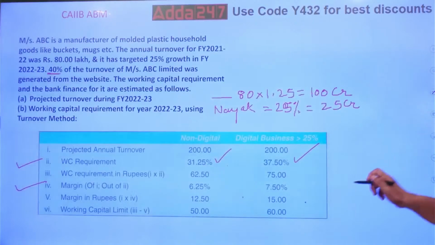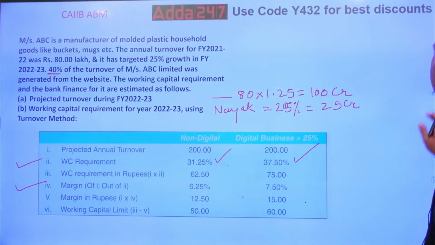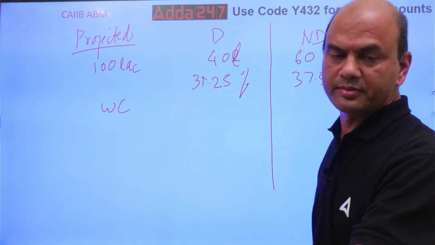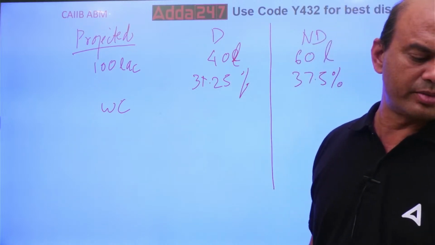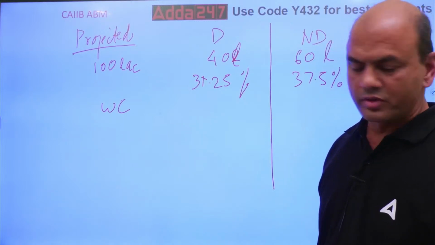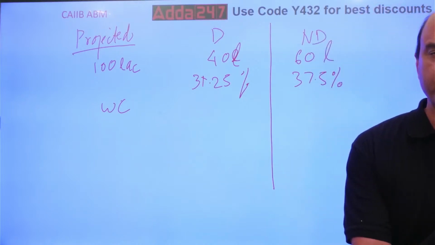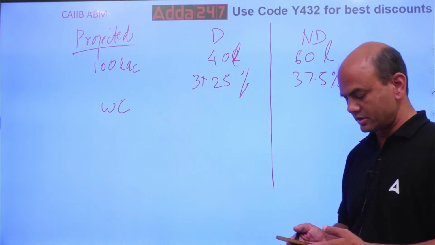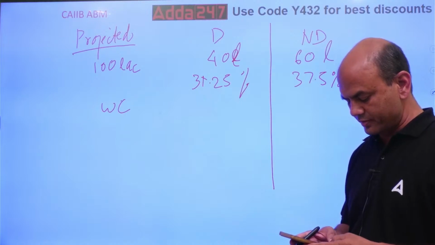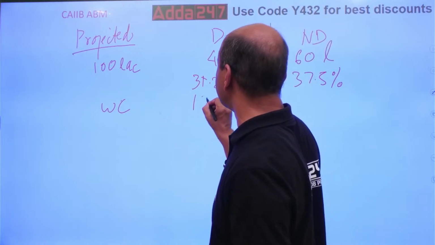Same logic we are following. Then you will take the margin. So 31.25% of 40 lakhs, let's solve whatever is asked in the exam. Let me do it on the calculator: 40 lakhs into 31.25%, which means divided by 100. So WC is 12.5 over here.